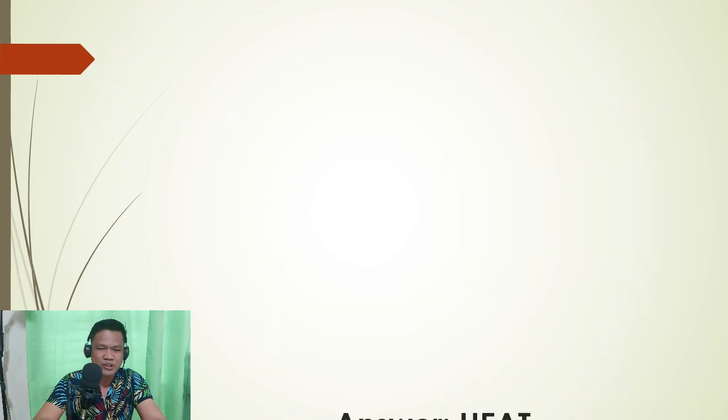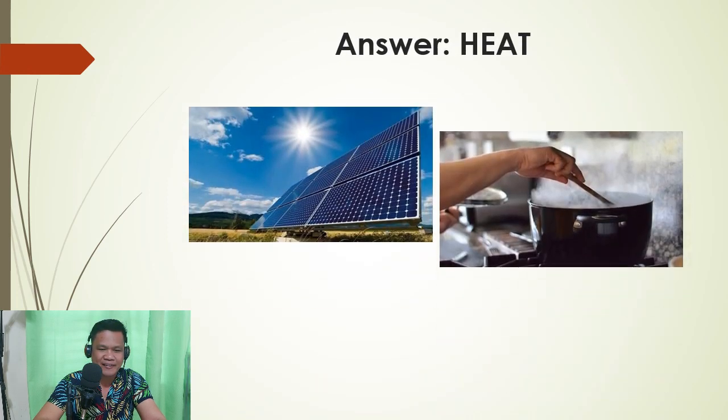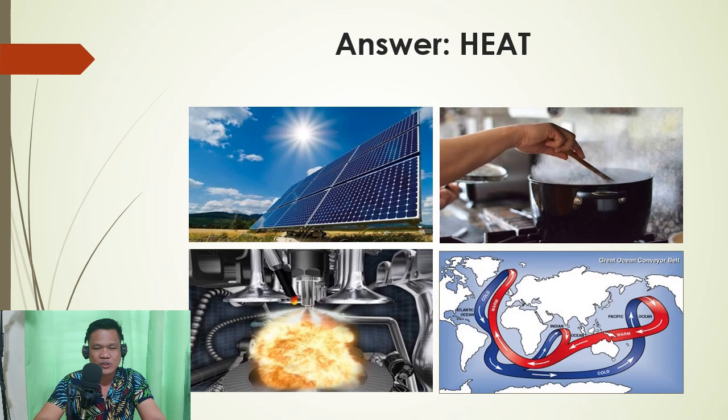In the first picture, you can see a solar panel. Of course, a solar panel is used to convert the heat that comes from the sun to electric power or electric current. And then you can also see on the second picture someone who is cooking. Of course, cooking involves heat.